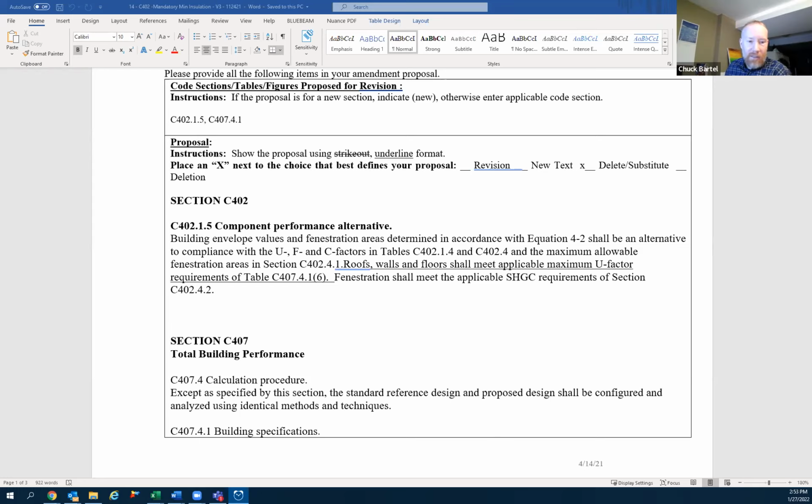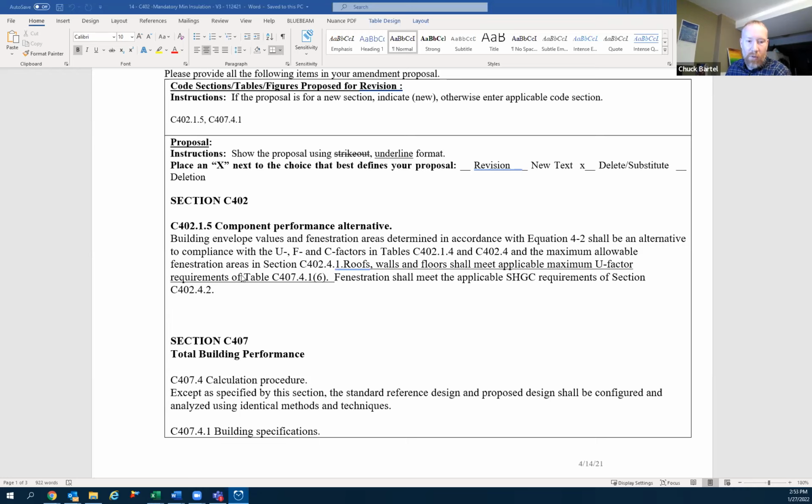My question, just two quick housekeeping things. It looks like the section reference at the bottom of C402.1.1.5 is C402.4.2, but it should be C402.4.3 in the base code.